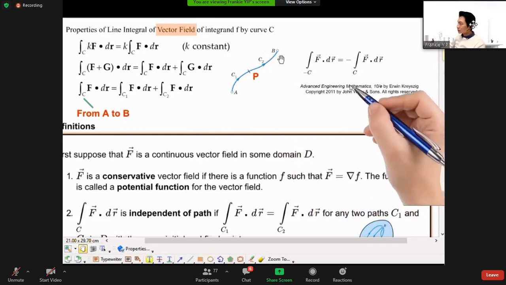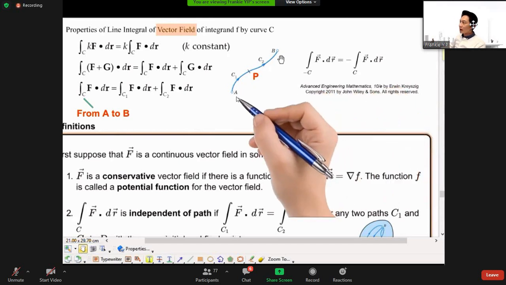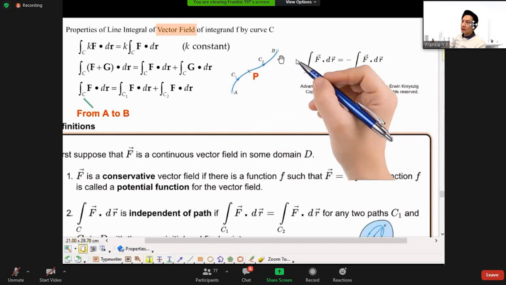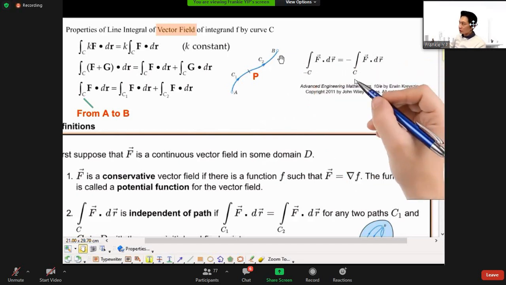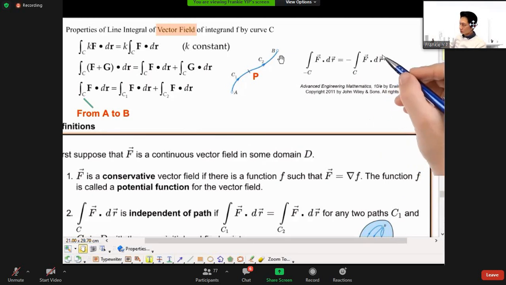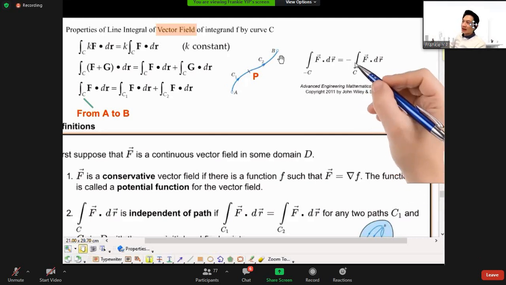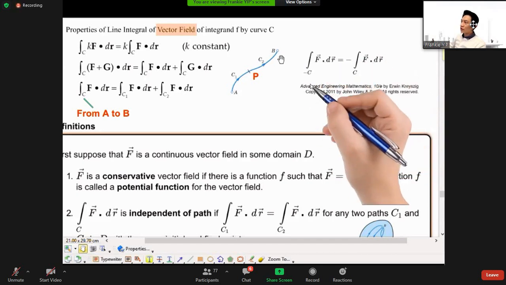And how about the direction? Now I'm going to integrate like this, going upward. How about if I go downward? If the curve C, or the dr, the r vector, is going downward, it's pretty easy: I add the negative sign over here, so it equals the direction reversed.